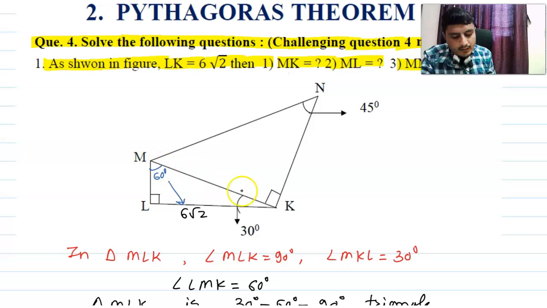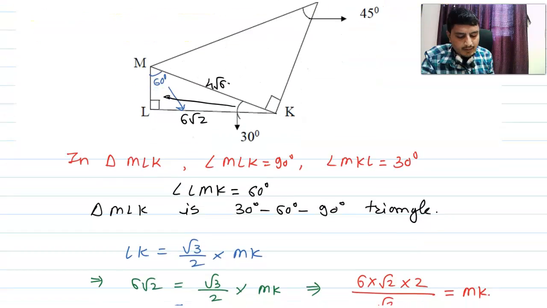So let's look at the figure now. We have MK value 4 times root 6. Once we have MK, we have to evaluate ML. Look at ML, it is the side opposite the 30 degree angle in the same triangle.